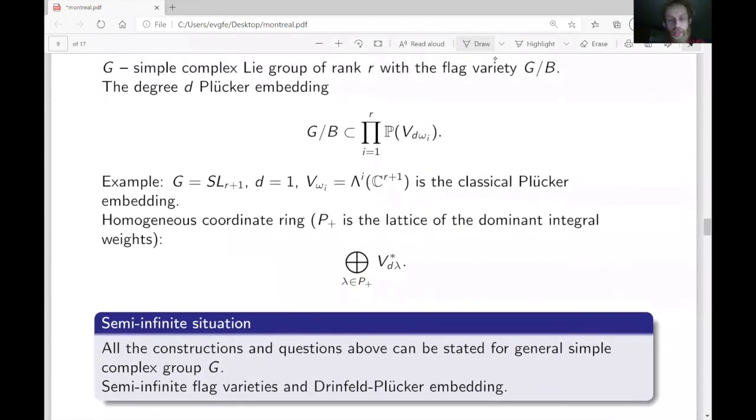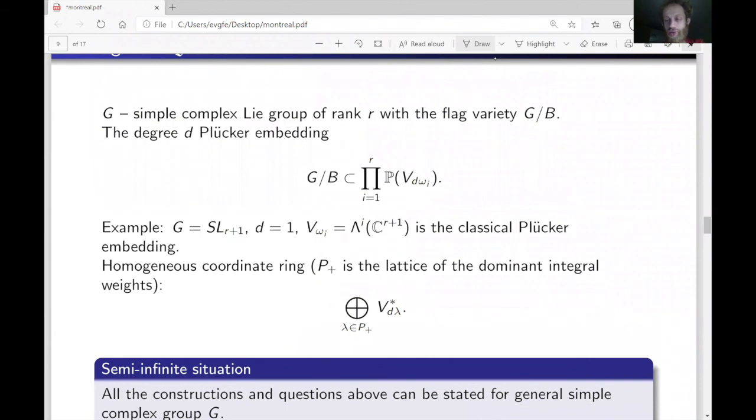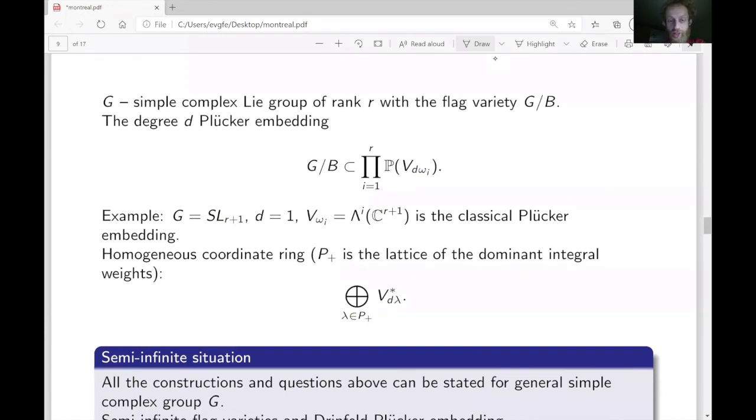Okay, maybe let me say a few words about the general G case just to show you that SL2 is not that special here. So if you have a general simple complex Lie group, then you have the Plücker embedding, so it's given here. So now instead of considering embedding into one single projective space, you need an embedding into the product of projective spaces. For example, for G equals SL(r+1) and D equals 1, you have the natural classical Plücker embedding into the projective spaces of wedge powers of the vector representation.